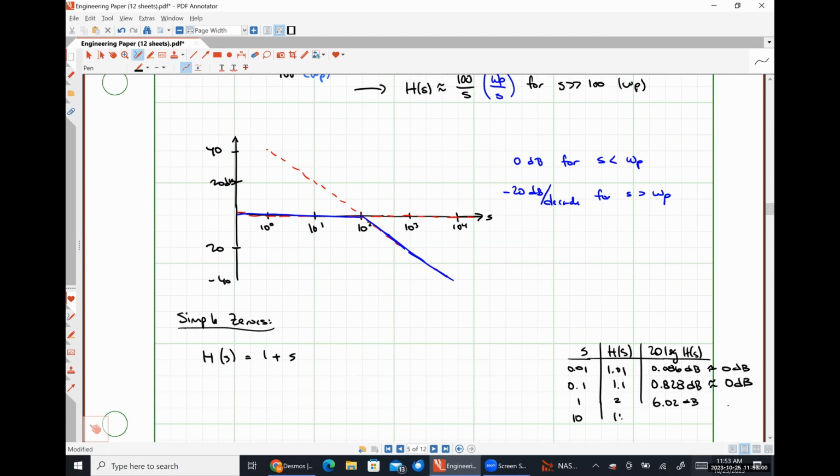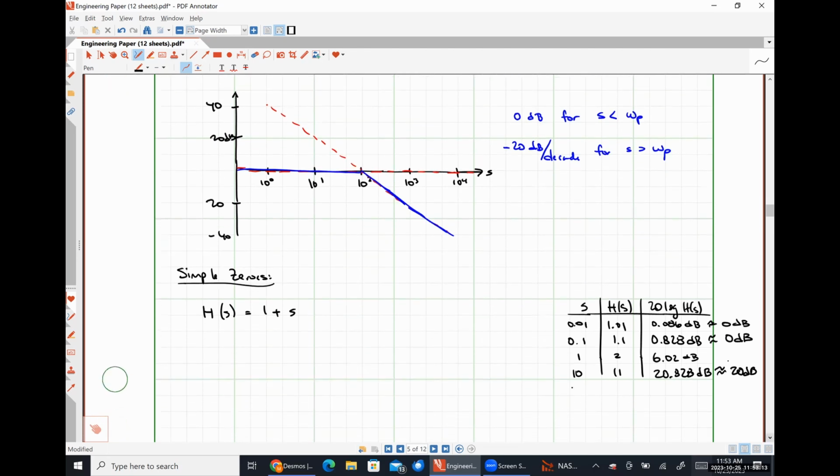For 10, we would have 11. So that would look like 20.828 decibels, or approximately 20 dB. And for s is equal to 100, we would have 101, or 40.086 dB, which is approximately 40 dB.